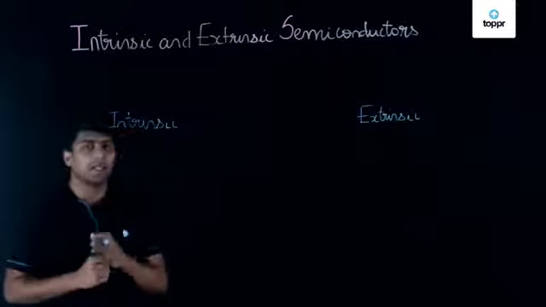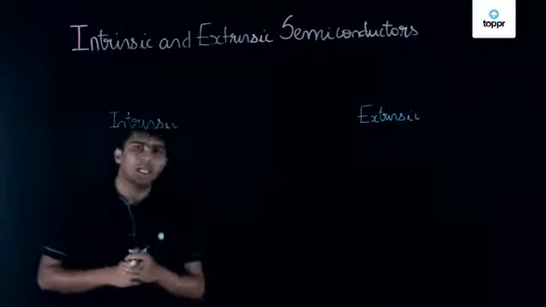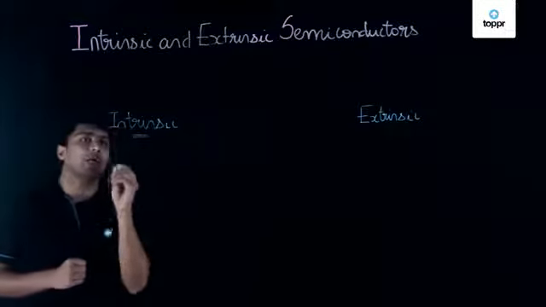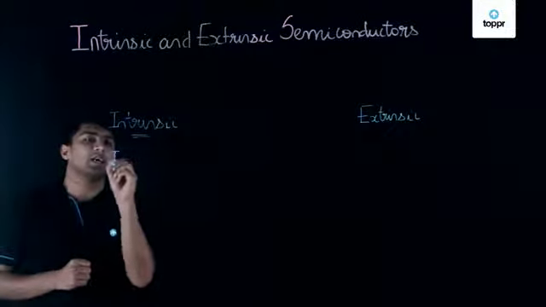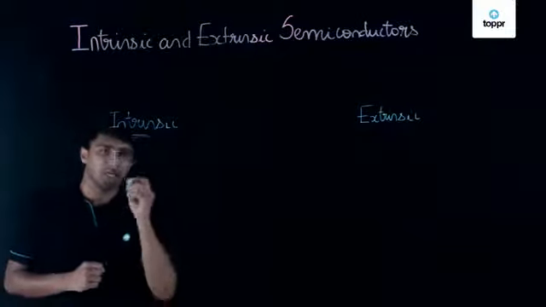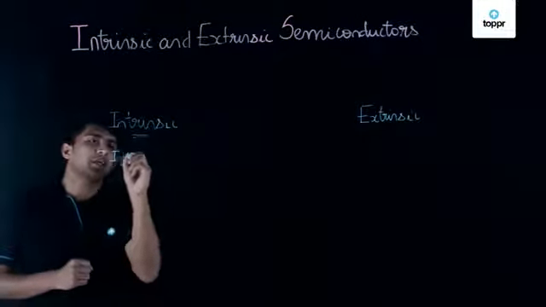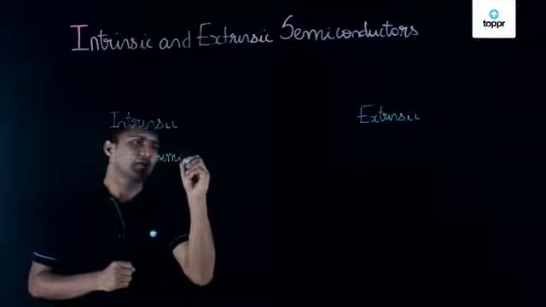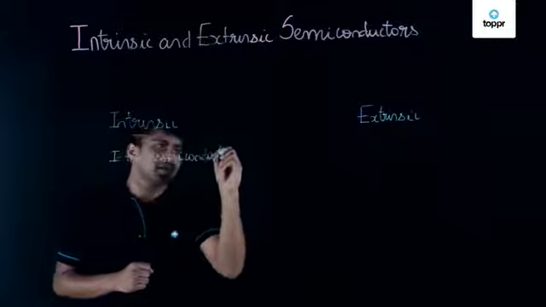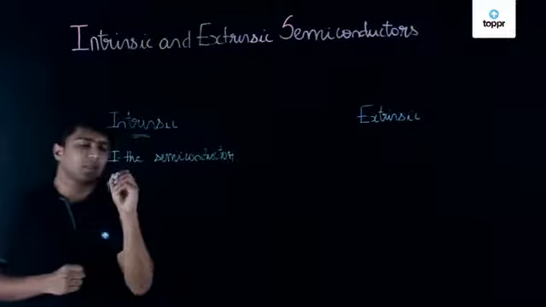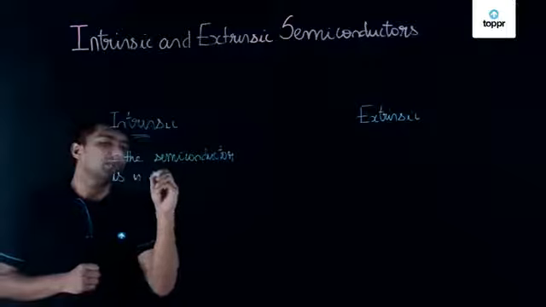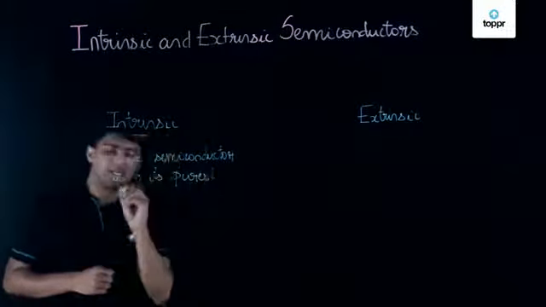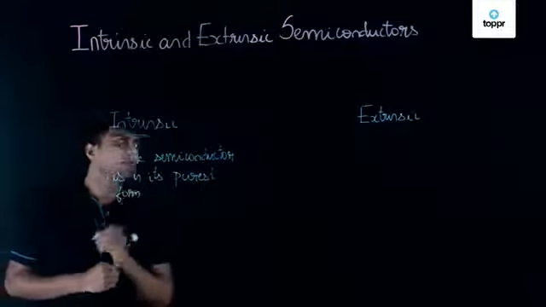When we are taking a silicon semiconductor or a germanium semiconductor, if it is in its purest form, then we can say that it is an intrinsic semiconductor.